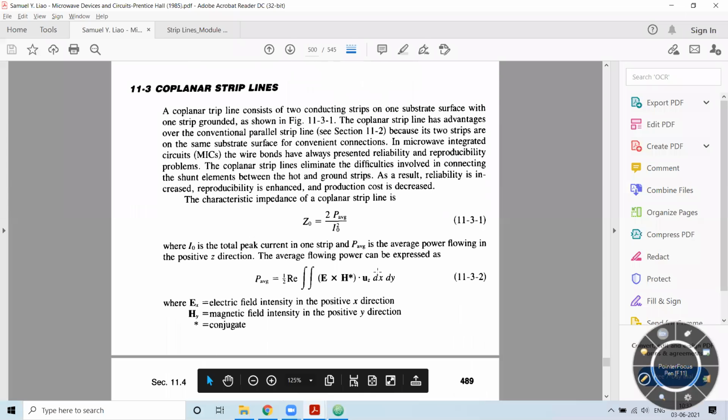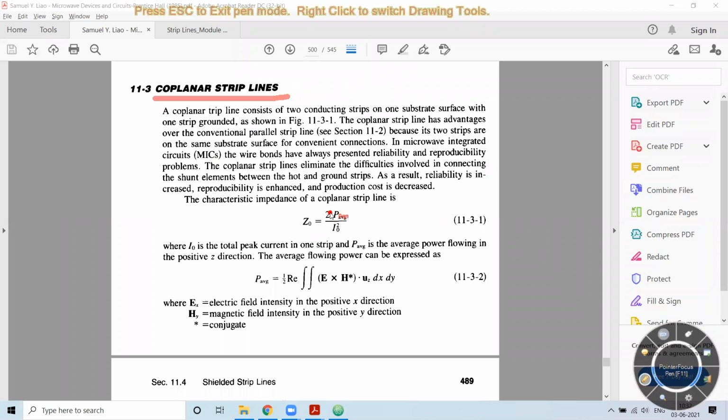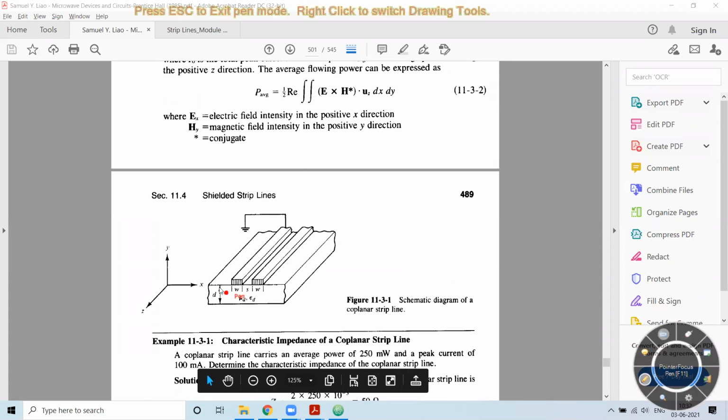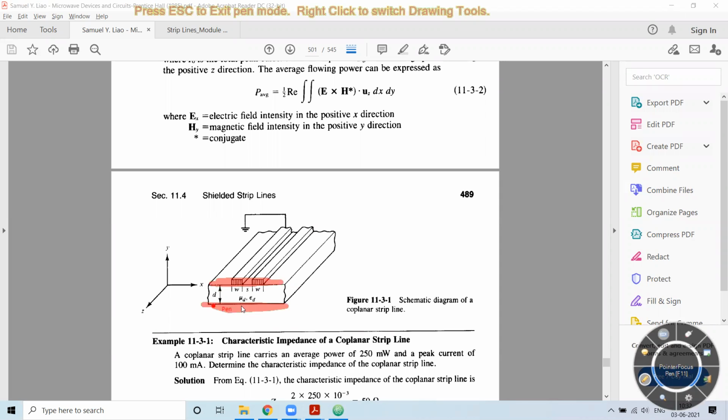Now, the next topic which we have is the coplanar strip line. It is different from the parallel strip line. In what way, we can observe over here. In the previous case, you had a strip line over here and a strip line over here, which was a parallel strip line.